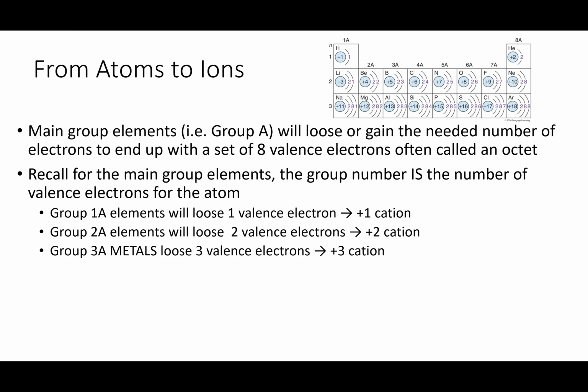Potassium kicks off 1 electron, so it's going to be a +1 charge. If you have your periodic tables handy, this will help you down the road. These guys right here at the top, sometimes I tell students go ahead and put a +1. That means that's the charge they will form. They will form a cation.